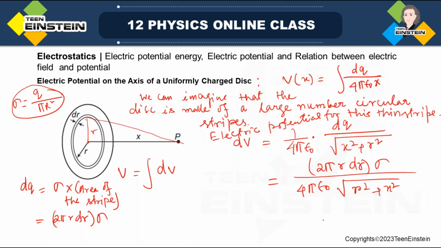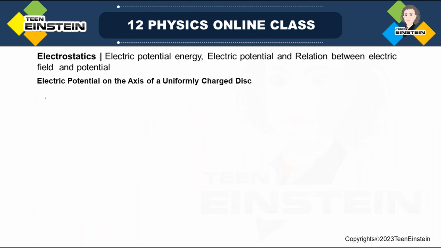So now we have to integrate this over dr to get the electric potential at P due to the whole disk.